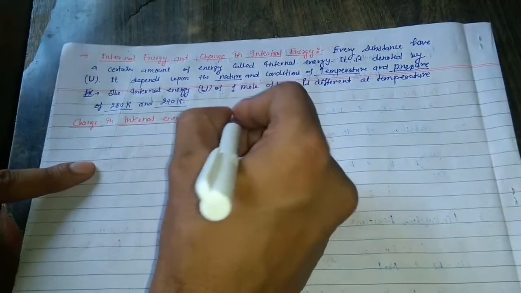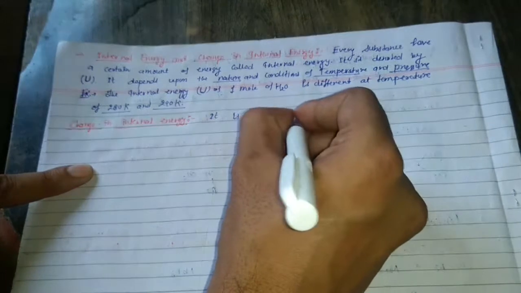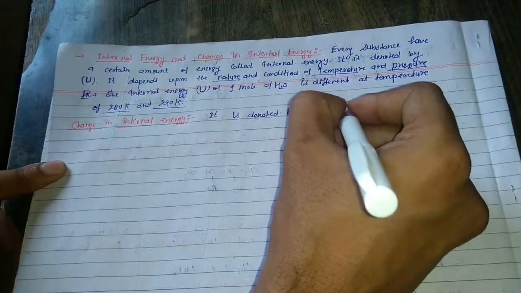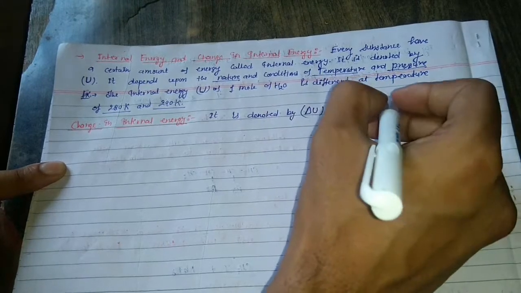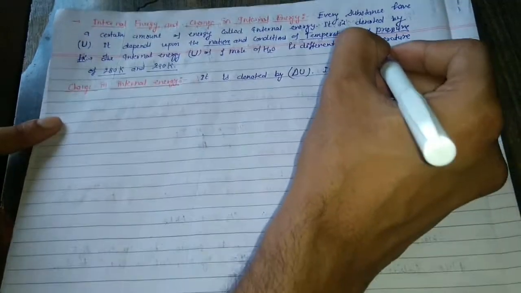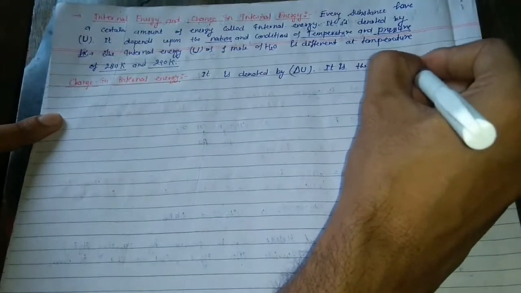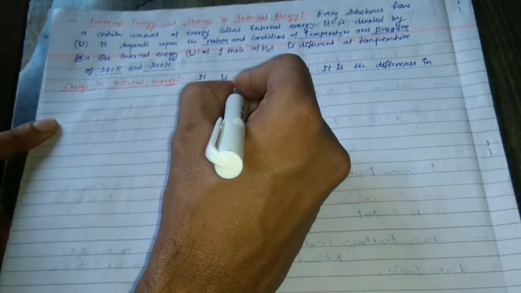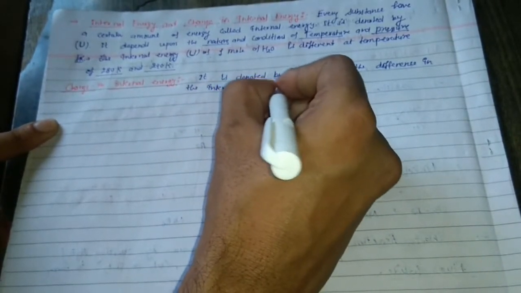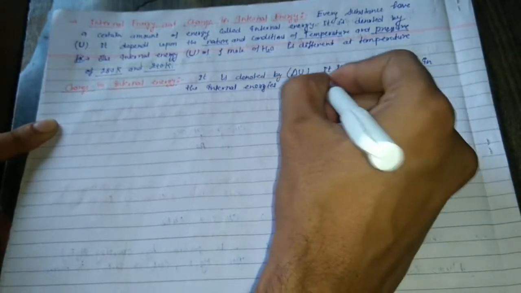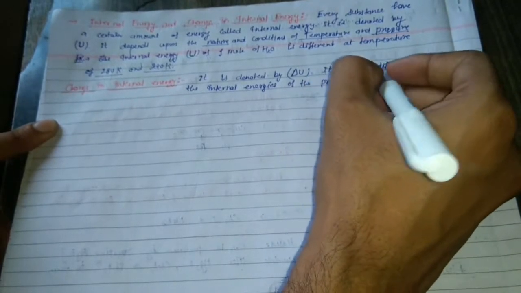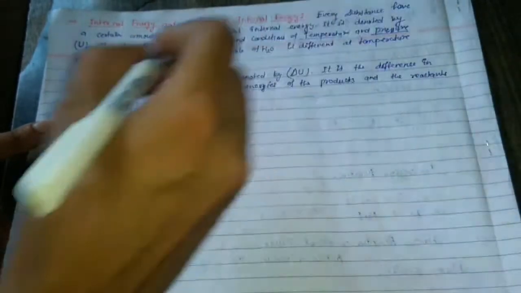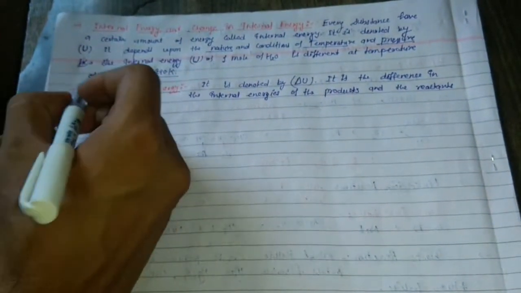It is denoted by del U. It is the difference in the internal energies of the products and the reactants involved in the reaction.